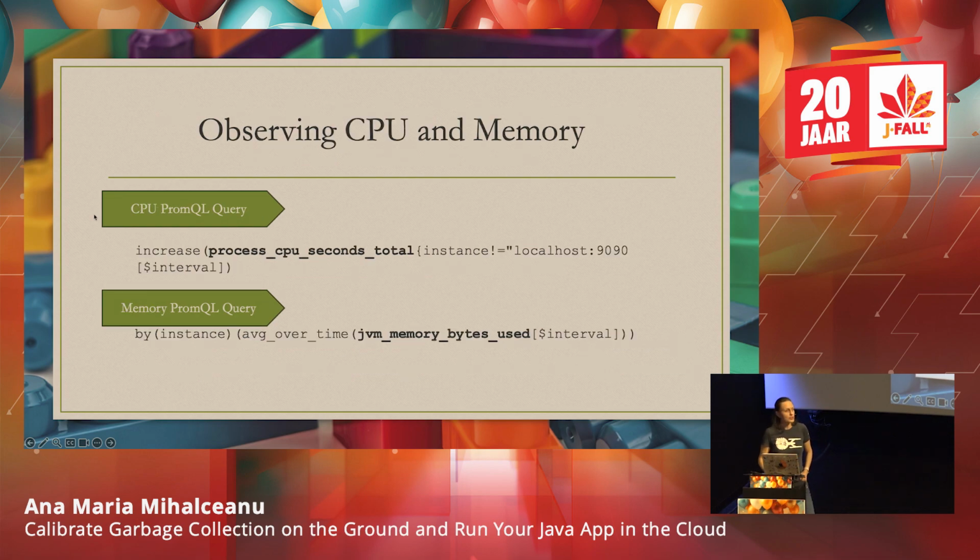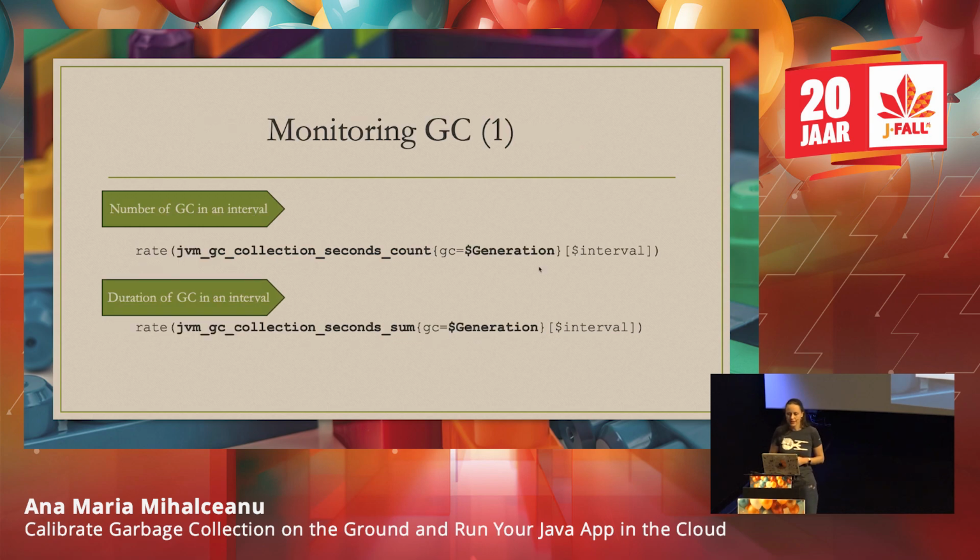Next, I want to observe the CPU and the memory. So these are pretty much more standard measures. And I set them different from localhost 9090 in the query because I just don't want to look at the Prometheus consumption as well. And secondly, I can also look at monitoring the GC, because I can look at the garbage collection and how much time the garbage collection is taking.